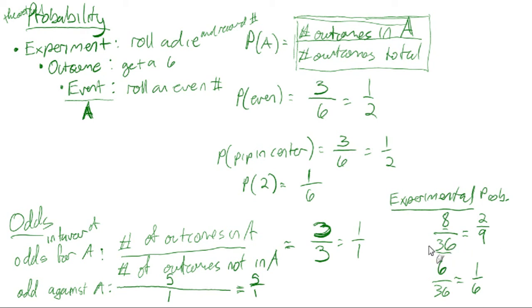This thing called the law of large numbers says that if we did 100 experiments, and then 1,000, and then a million and a billion, the more experiments we do, the experimental probability will approach the theoretical probability.